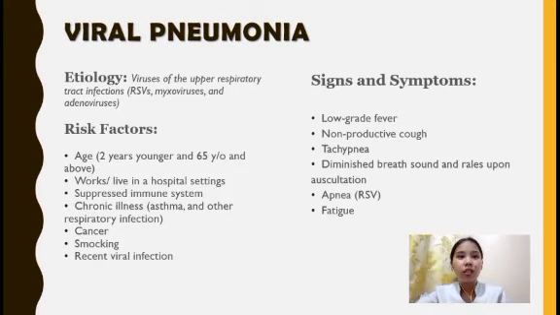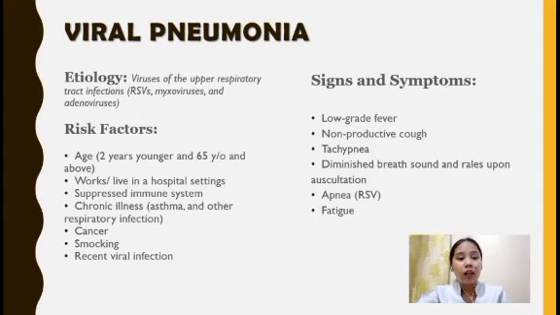So the third one is the viral pneumonia. The etiology: viruses of the upper respiratory tract infection. These are RSVs, myxoviruses, and adenoviruses. Myxoviruses are one group of RNA-containing viruses including influenza. And adenovirus causes a variety of illnesses and cold-like symptoms, fever, and so on.